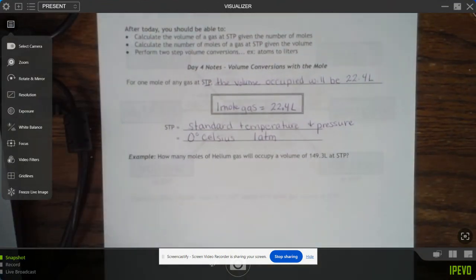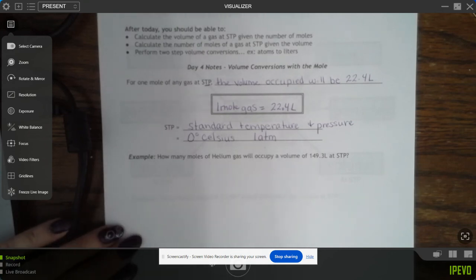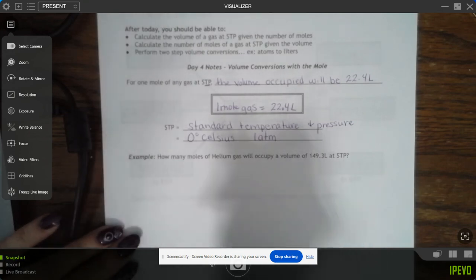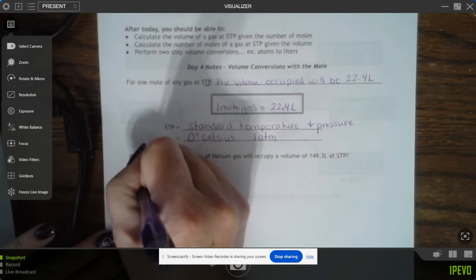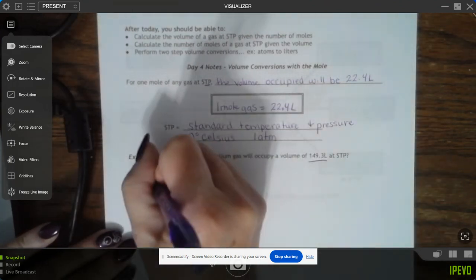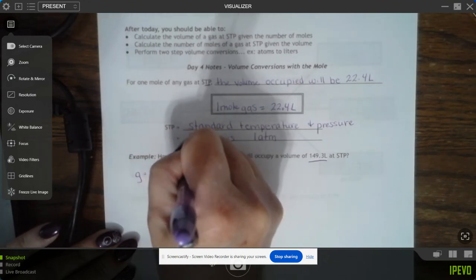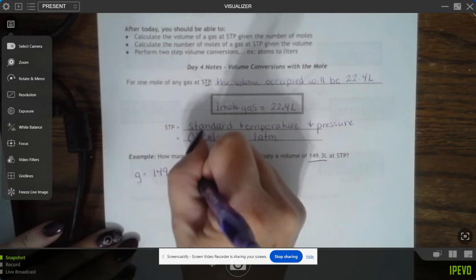This example says, how many moles of helium gas will occupy a volume of 149.3 liters at STP? So let's write out what we need to know. Our given is 149.3 liters of helium.